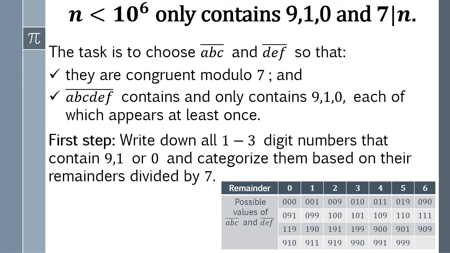For example, in column 1, there are four numbers 000, 091, 119, 910, and all those four numbers have the same remainder 0 divided by 7, and the same goes for the second, third, and all those different columns.